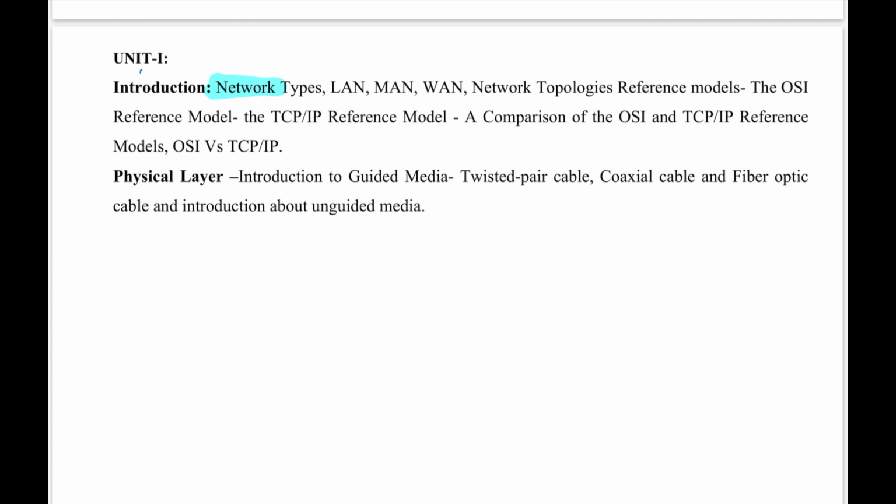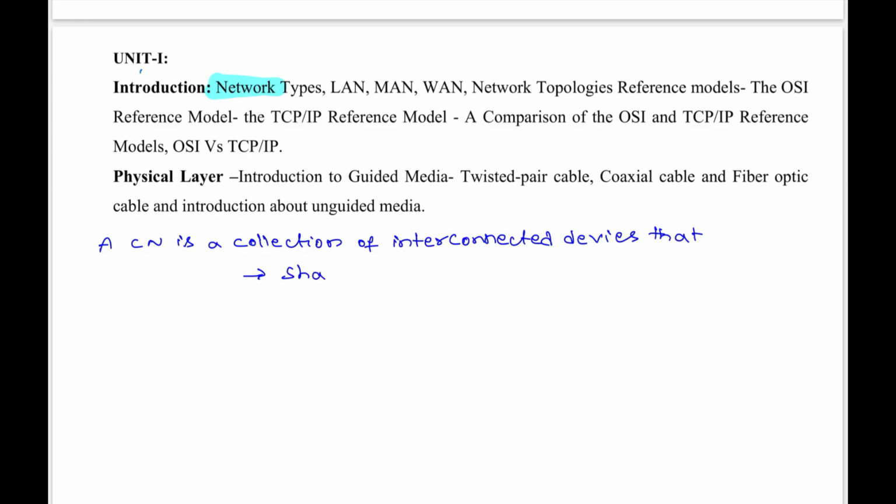A computer network is a collection of interconnected devices that share data, resources, and applications.